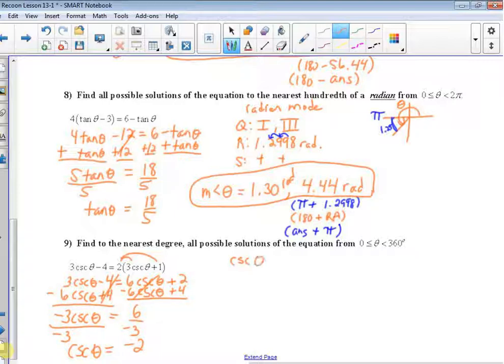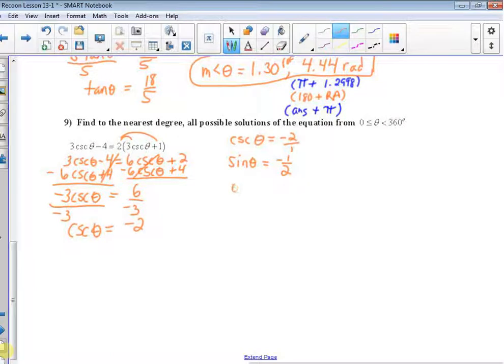So if cosecant theta equals negative 2 over 1, then you should be thinking sine theta equals the reciprocal of that, which is negative 1 over 2. And then we QRS that. QRS, I'm thinking where is sine negative, and that's in quadrants 3 and 4. The reference angle I know is 30.